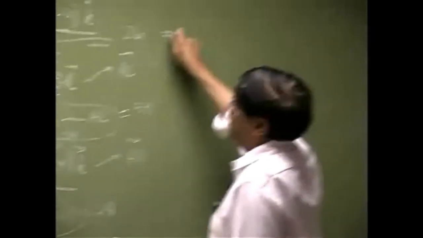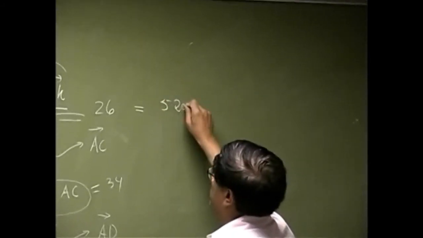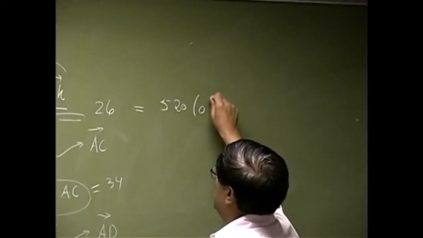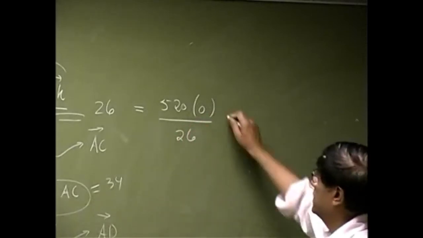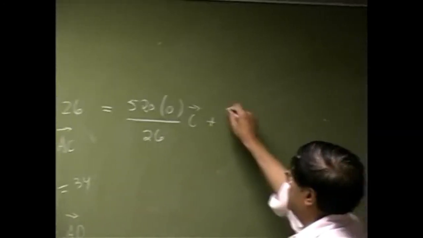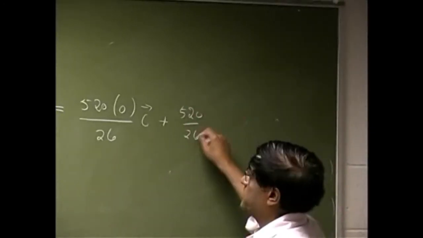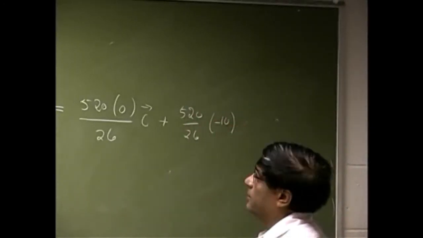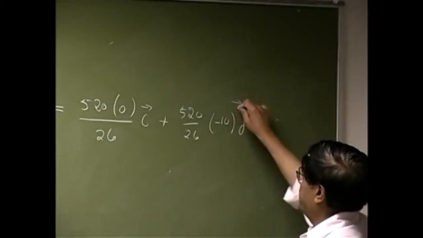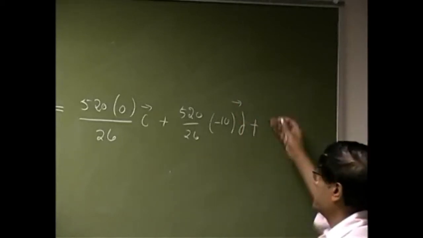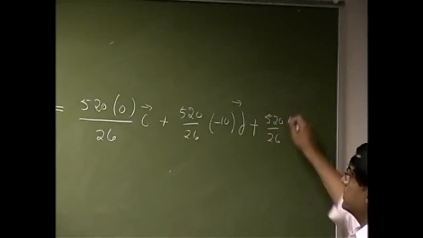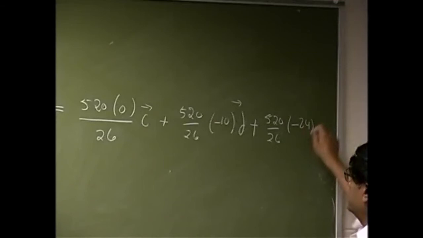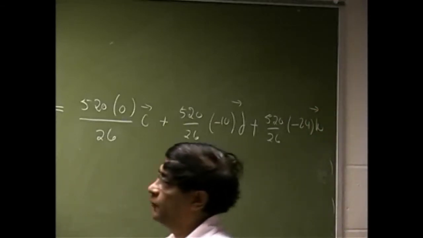Then the force will be 520 times 0 over 26 times i, plus 520 over 26 times negative 10 times j, plus 520 over 26 times negative 24 times k. So that's your first force.